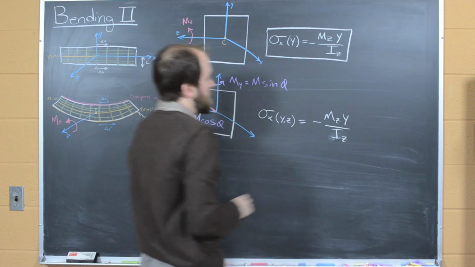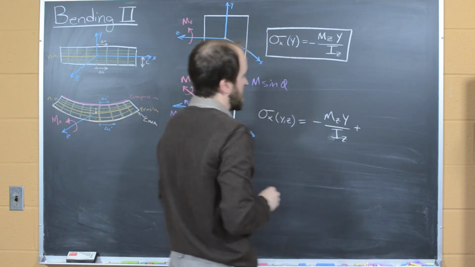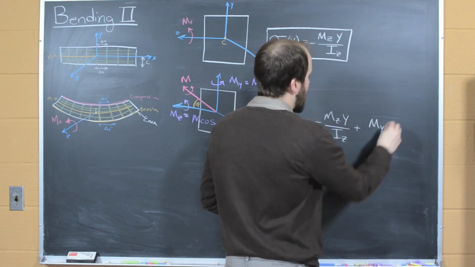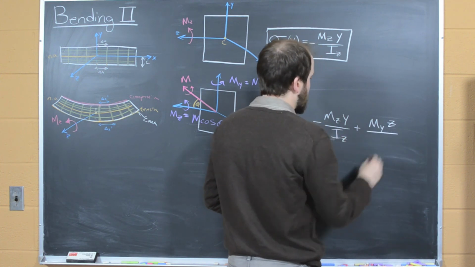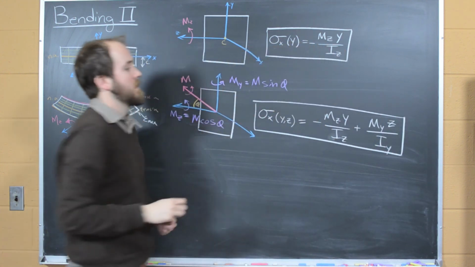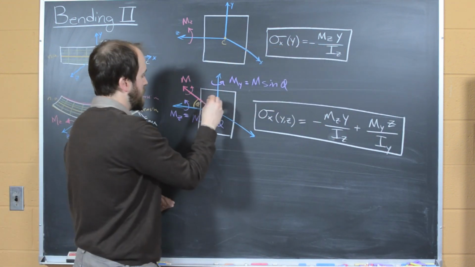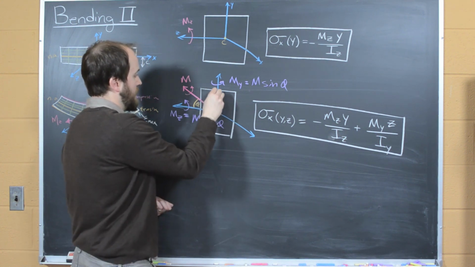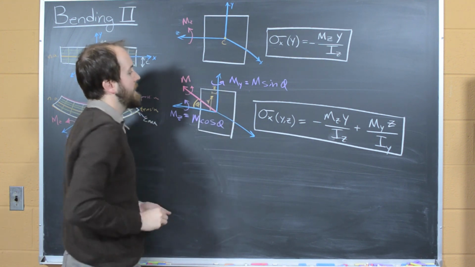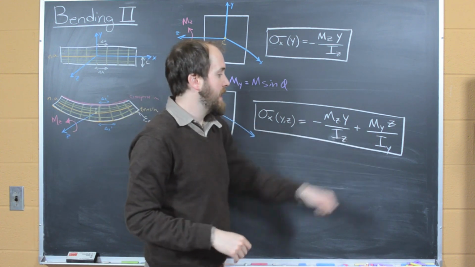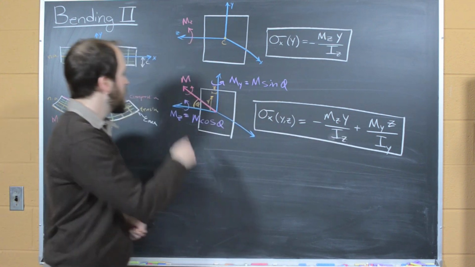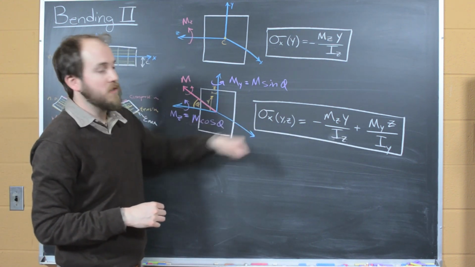And now we have to add the resistance for the moment about the y direction. So we'll have positive moment sub y times the z, wherever you are along the z-axis, over I sub y. So in this case, if you look at an arbitrary point, say here, you have some distance z, some distance y. You'll have to be able to calculate your second moments of area about Iz and Iy. And combining these two moments, which you've split up from your applied moment, you can calculate the stress in the x direction.